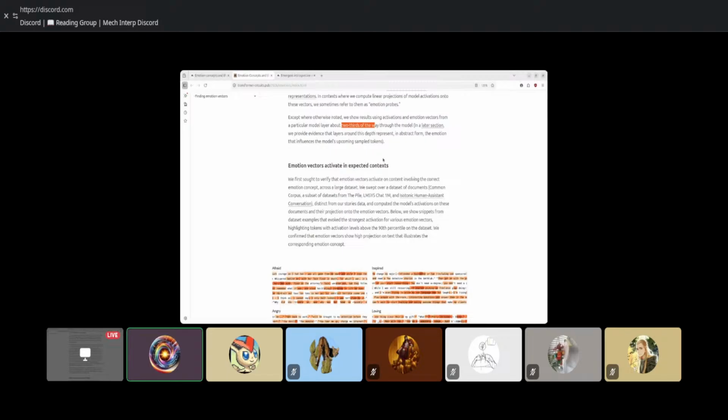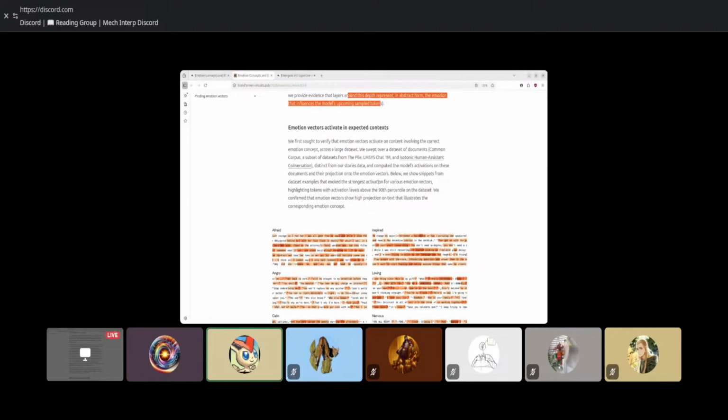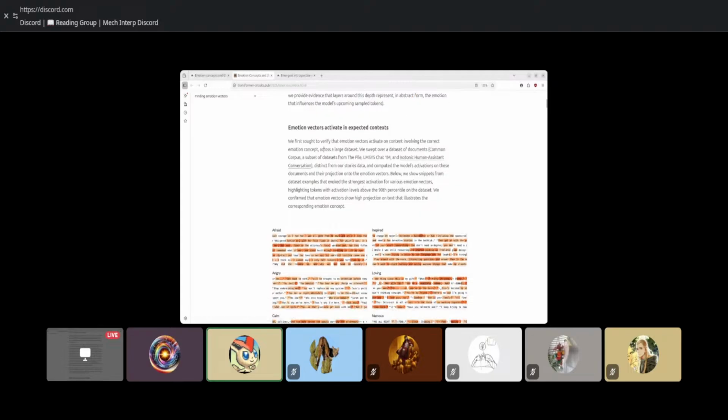Like when you steer it, you also steer the story vector or something. Well, they say here they have evidence that the layers around this depth represent abstract forms of emotion that influence the model and compute simple tokens. I guess that's a bit better. But I guess it's also at that depth, and maybe at other depths you get different things. Yeah. Hmm. Maybe you have some evidence about the thing I was talking about.